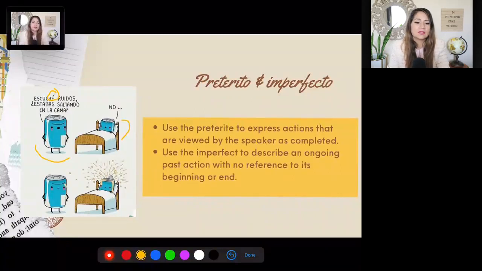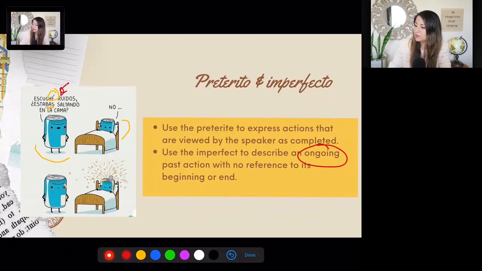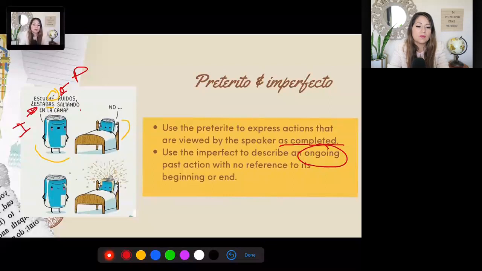So I heard noises, and then the question is estabas, it's being asked in the you form in the imperfect. So that means it's talking about an ongoing action. And then the preterit, which is used here, is used to express an action that is viewed as completed. That's preterit, that's imperfect because it's talking about something that was ongoing.